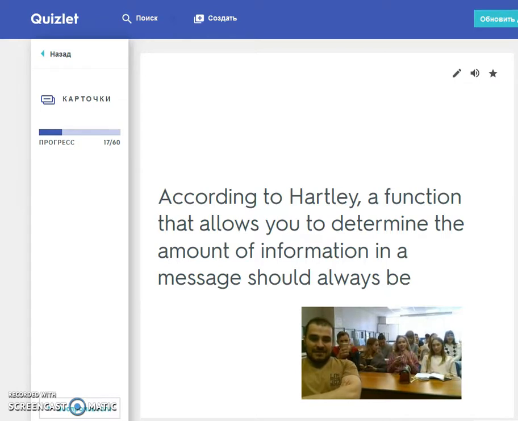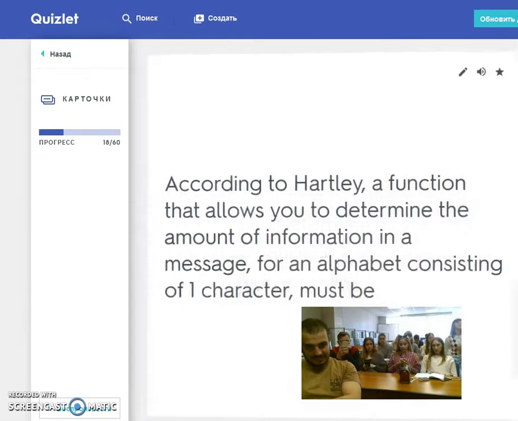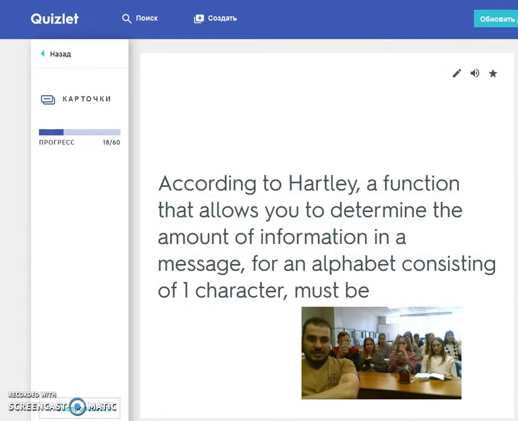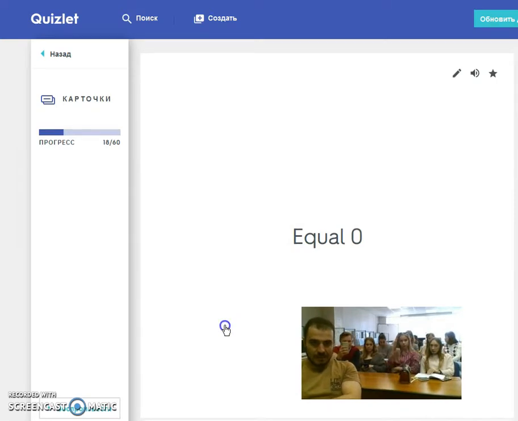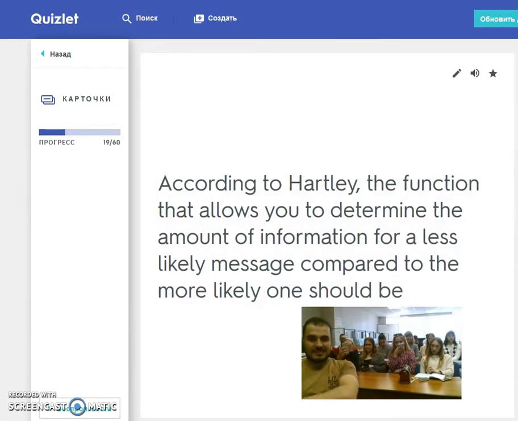According to Hartley, a function that allows you to determine the amount of information in a message should always be. For an alphabet consisting of one character, it must be equal to.